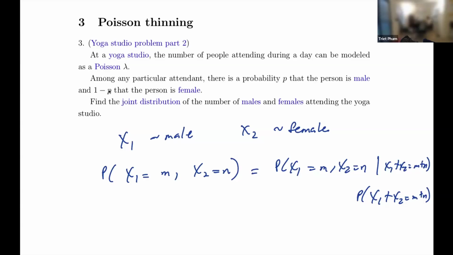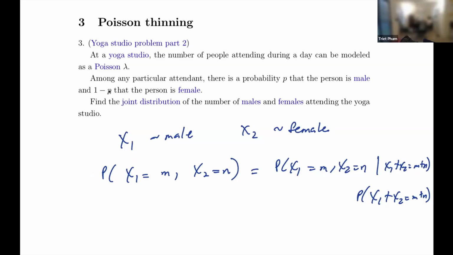But if you do not have the conditioning, meaning you don't have a fixed total, then these two do not act like binomial. So that's the key here. Conditioned on the total number, male and female act like binomial. Without conditioning, they won't.